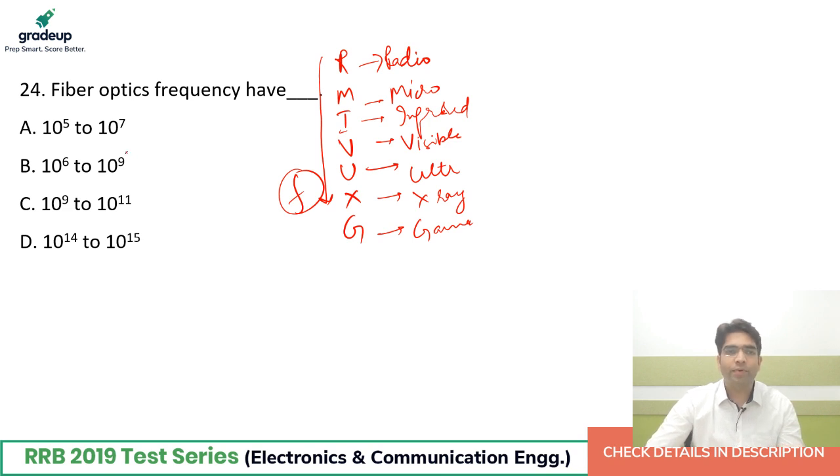But in case of fibers, you tell me, which frequency are you going to use? A, B, C, D. C. Gigahertz to terahertz, I leave it up to you. C is final.